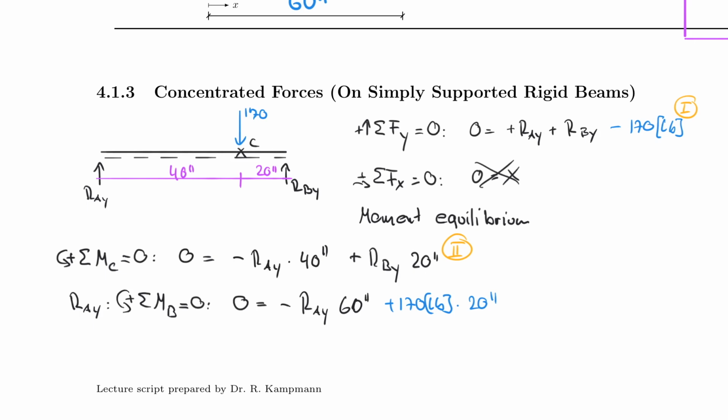So I now solve the equation for RAY, which is equal to 170 pounds divided by 60 multiplied by 20. Both of them are inches, I should say. And so we actually have 170 pounds times 1/3. And if I calculate that out, it would come out to be 56.66 pounds.